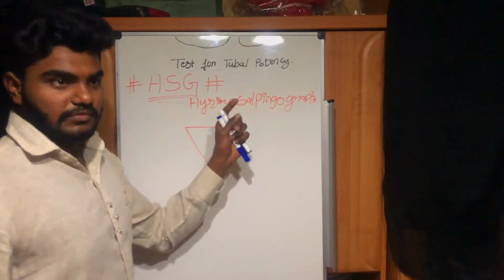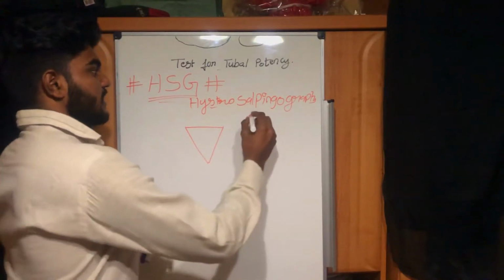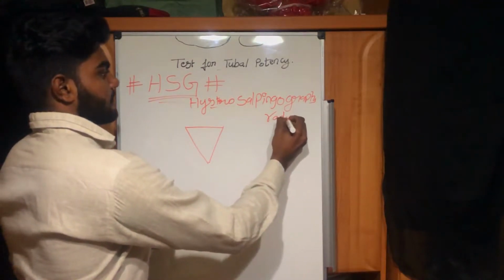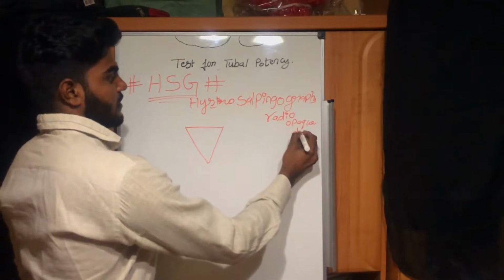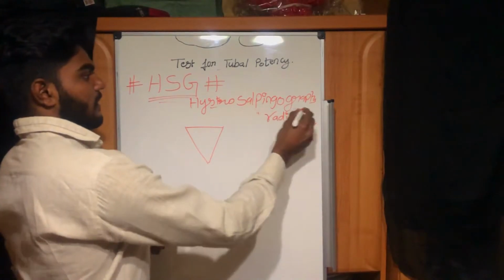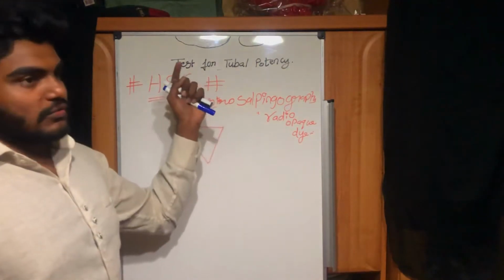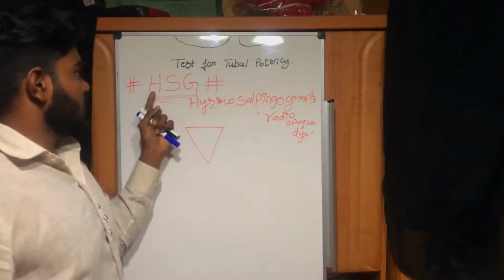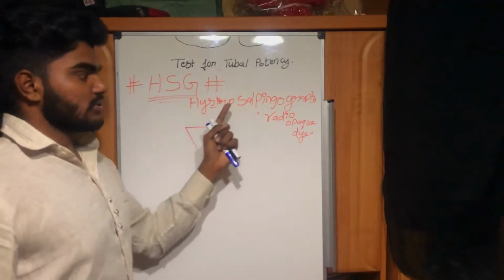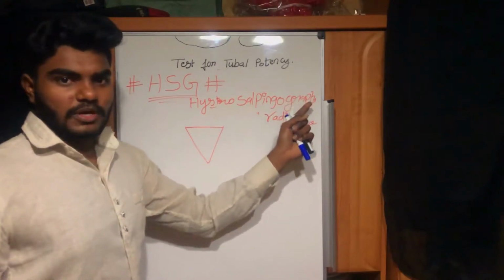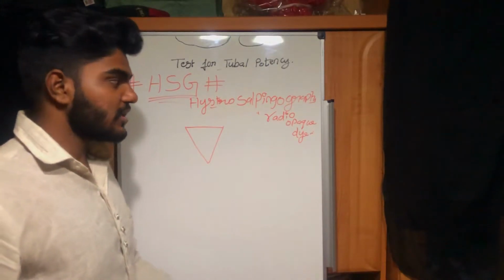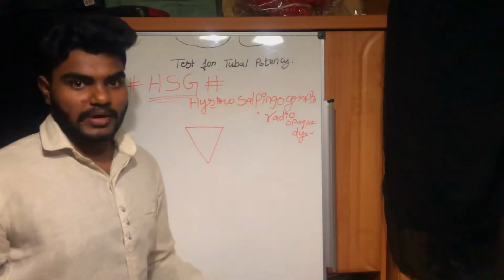This method we are doing with a radio opaque dye. So the test for fallopian tubes is HSG, hysterosalpingography, and we proceed with the test by using a radio opaque dye.